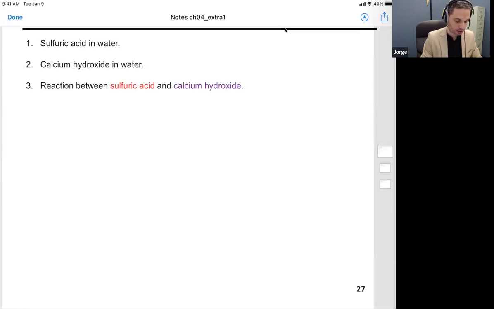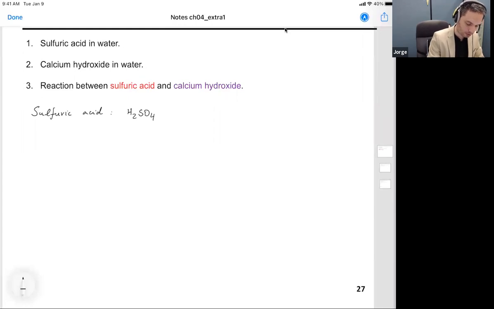So let's start with sulfuric acid in water. Okay, start writing everything you know about sulfuric acid. The first thing that needs to come to your head is the formula for sulfuric acid, which is H2SO4.